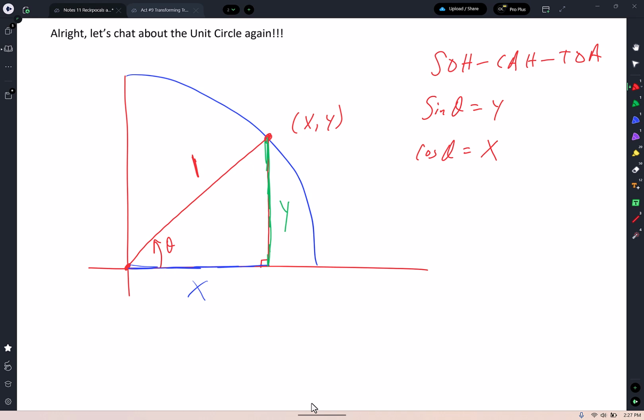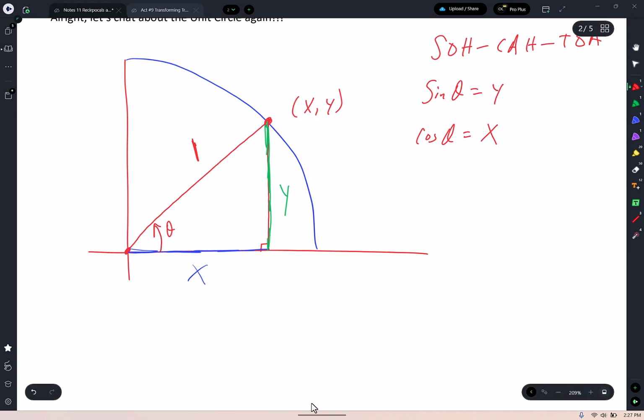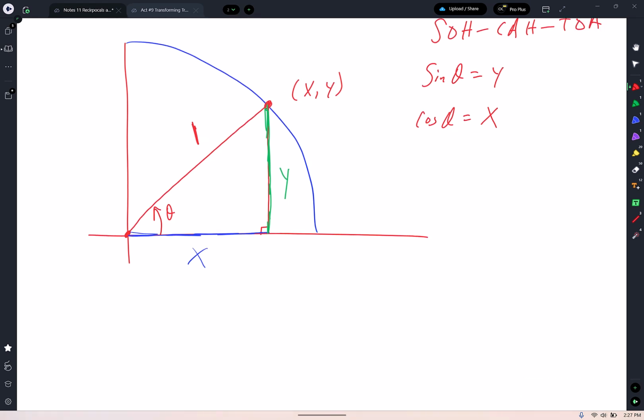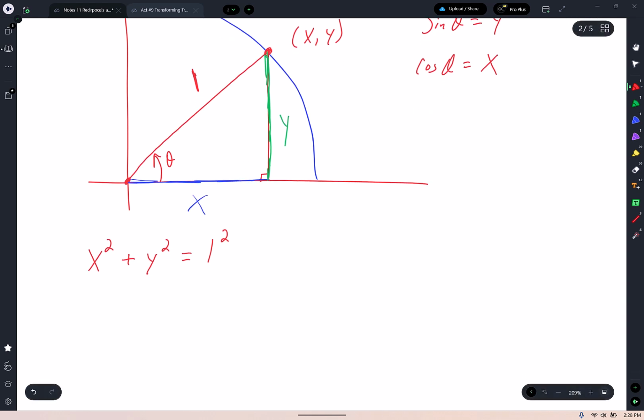And if I do the Pythagorean theorem, I'm going to go slow. This is a big point right here. If I do the Pythagorean theorem with what I have in that triangle, you would tell me x squared plus y squared equals 1 squared. Not bad, right? What's the catch? There's no catch.